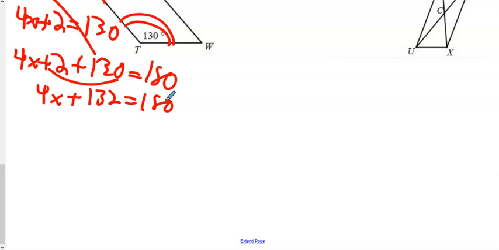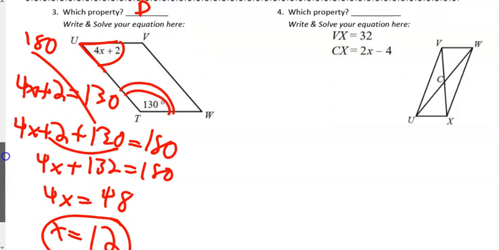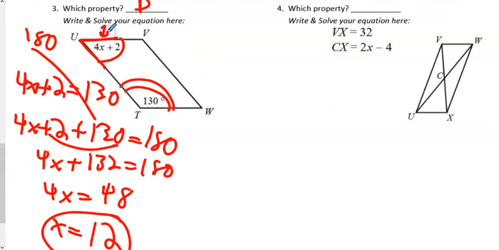We subtract 132, and that gives us 48. 180 minus 130 is 50, minus 2 more, boom, 48. Then when we divide by 4, we get 12. And the beauty of math is, again, if we plug in 12 right here, 12 times 4 is 48, plus 2 is 50, and bam, 50 plus 130 makes 180. Good to go.